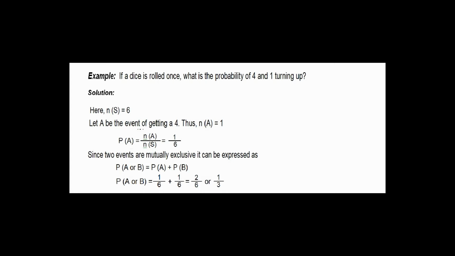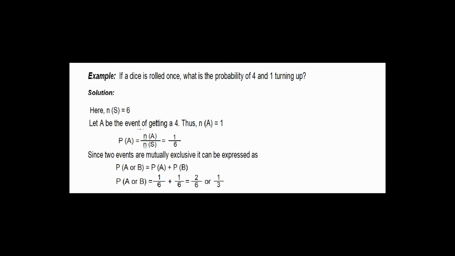So P(A or B) is equal to 1/6 plus 1/6 because if we roll a dice, the probability of getting 4 is 1 over 6. And also, when the dice is rolled again, the probability of having 1 is 1 and the sample space is 6.